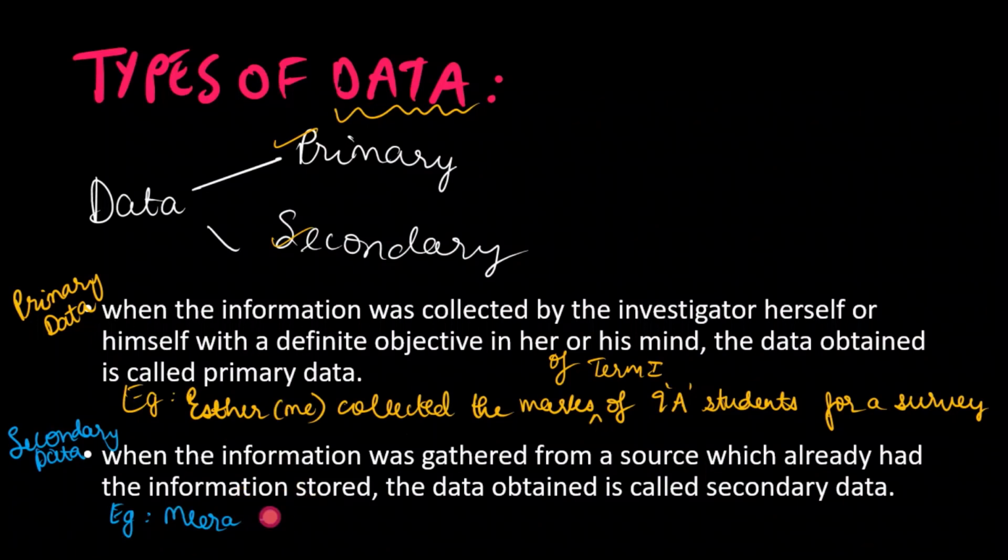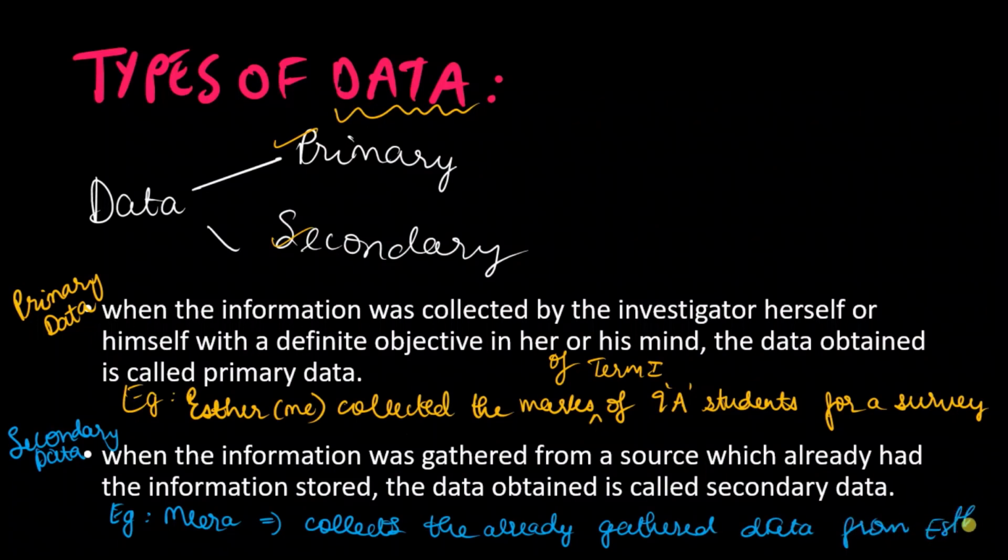She can ask me. So when Meera collects the already gathered data from Esther, that is from me, this is called secondary data. Why am I saying it's secondary data? Because Meera is collecting the already gathered information from me. She's not directly going and doing everything on her own, right? She's already collecting it from a source, that is me.